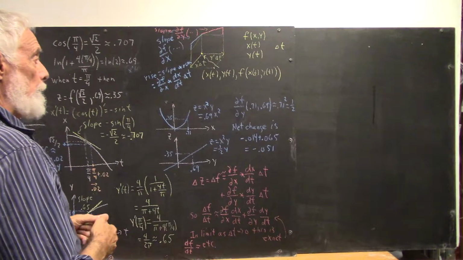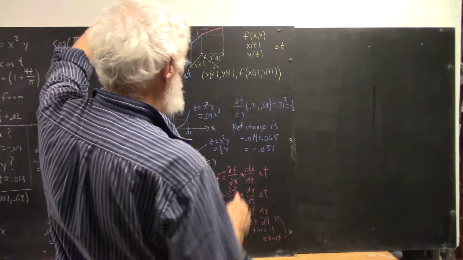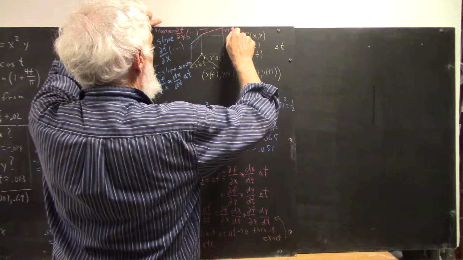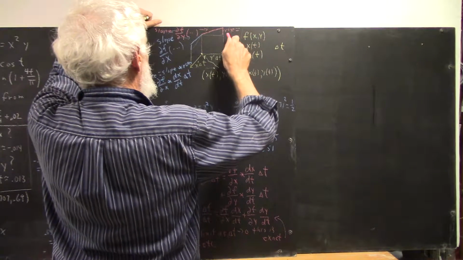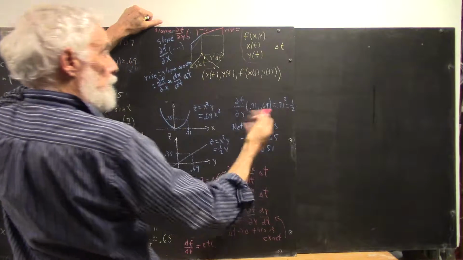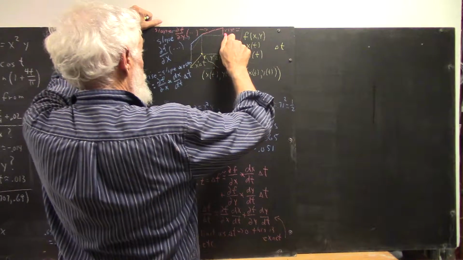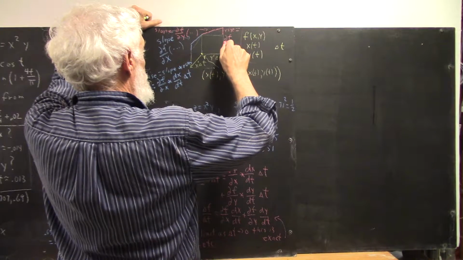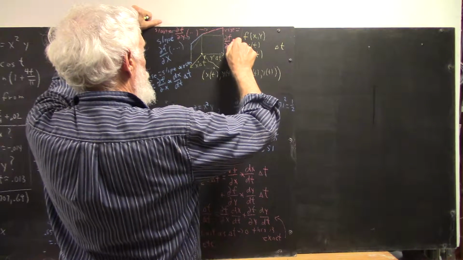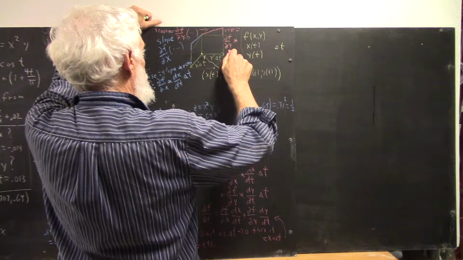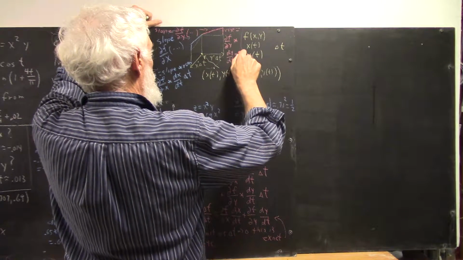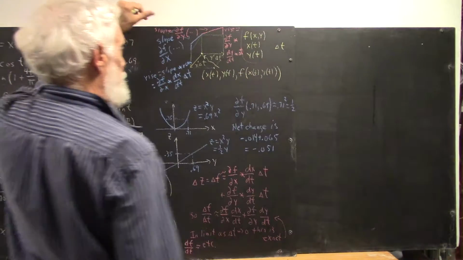And then over here, the rise, it's going to be hard to find room to write this, I'll try, rise equals slope times run, I'm not going to write that out, but that's going to be partial of f with respect to y multiplied by dy dt multiplied by delta t.